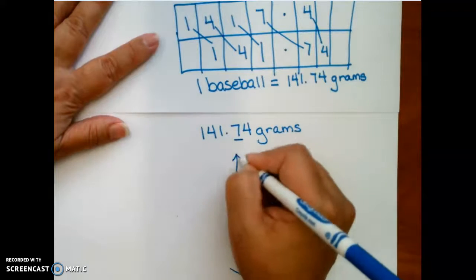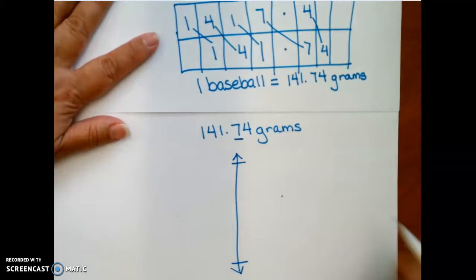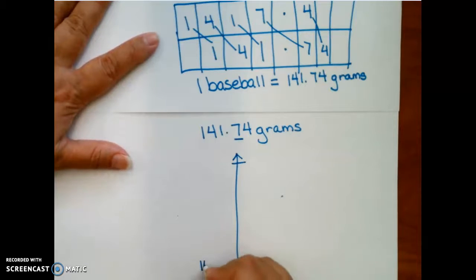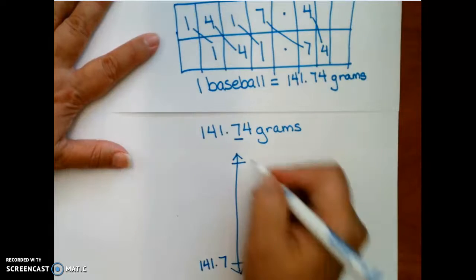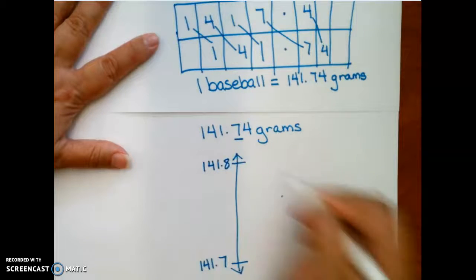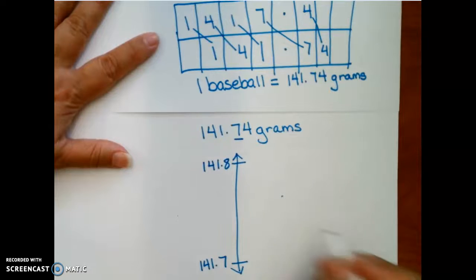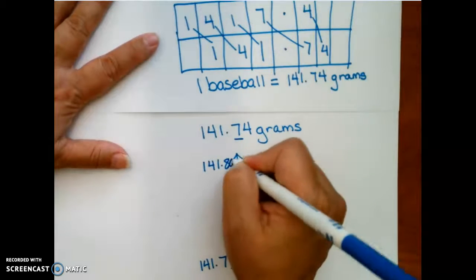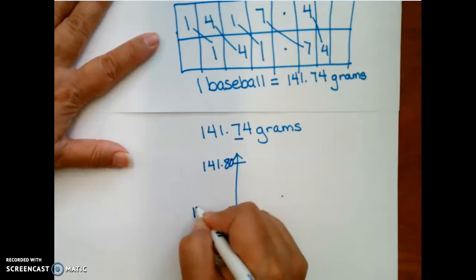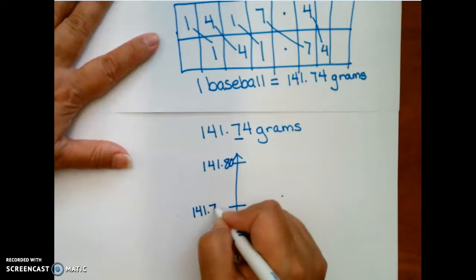Now remember, we've got our vertical number line. What number is in the tenths place? 7, so that's going to be the bottom of my number line. One more tenth would be 8/10. What's halfway between 8/10 and 7/10? 75/100.